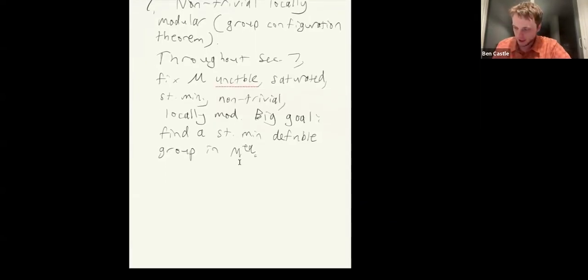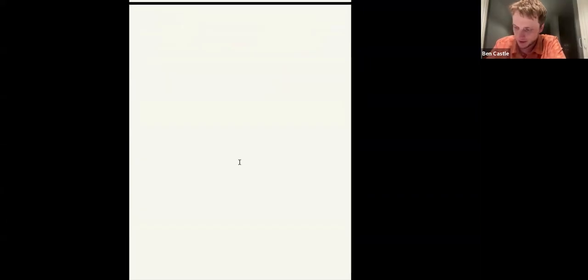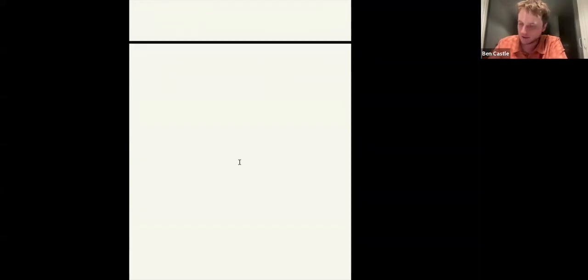Okay. So how? I'll go to a new page for this. A main definition of the object that we'll use to build a group. The thing that we're going to use, I'm going to call it the germ groupoid. No one else calls it this. This is not really a thing that other people consider, but I think it's a really useful way of packaging it. So we're just going to do it.